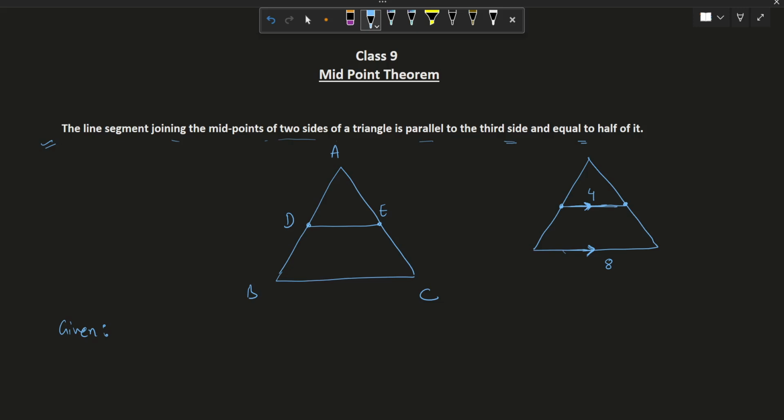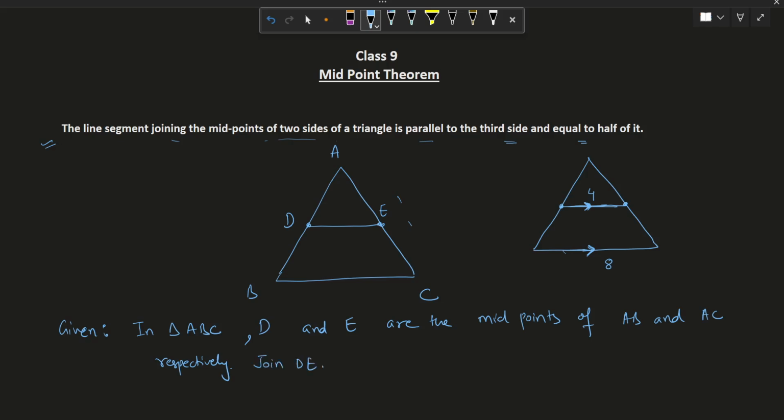So what is given to us is that in triangle ABC, D and E are the midpoints of AB and AC respectively. The meaning of respectively here is that D is the midpoint of AB and E is the midpoint of AC. Now you just write that join DE.